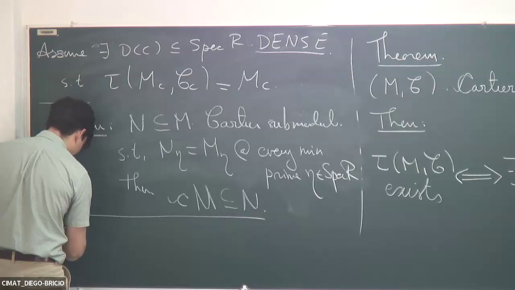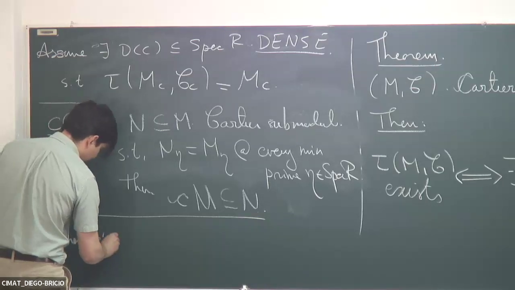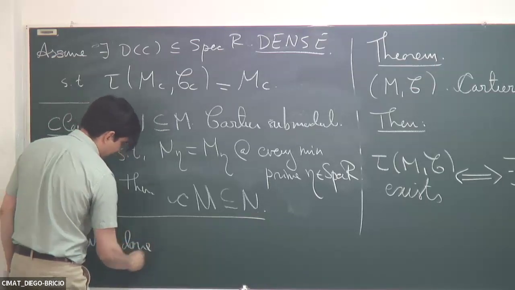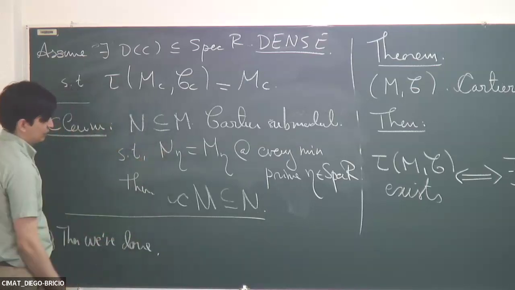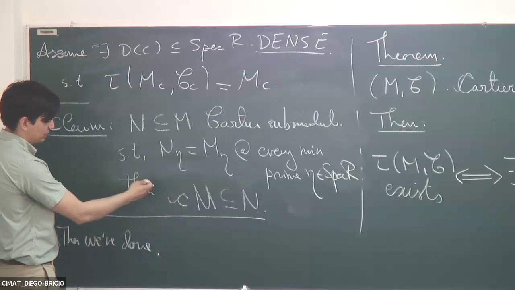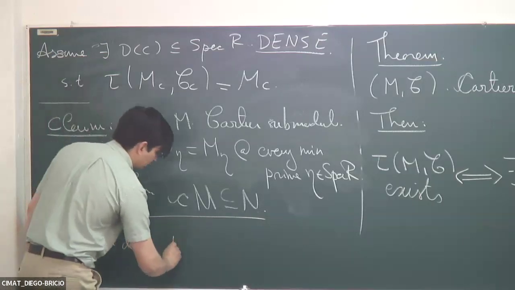So then we are done proving the existence of test elements of test ideal, because it's right there, right? Who is going to be the test module?